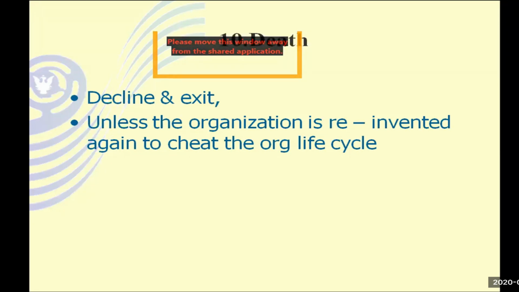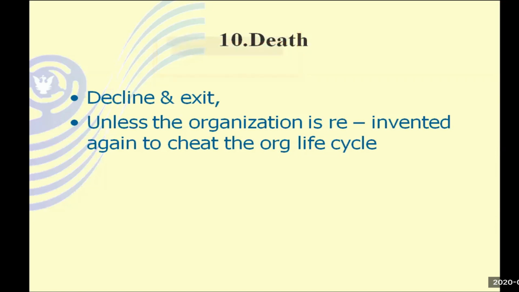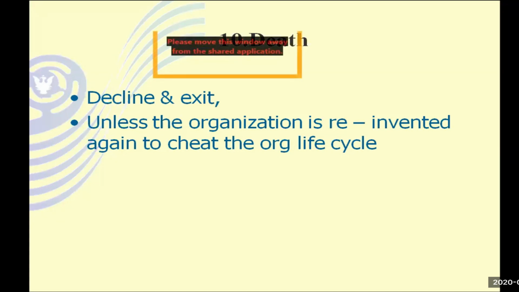So unless the organization is reinvented again to cheat the organizational life cycle, it's going to exit from the system. So those farms that are reinvented back into the system are what we say they cheat the organizational life cycle. When you expect them to go and die, they are reinvented back into the system.